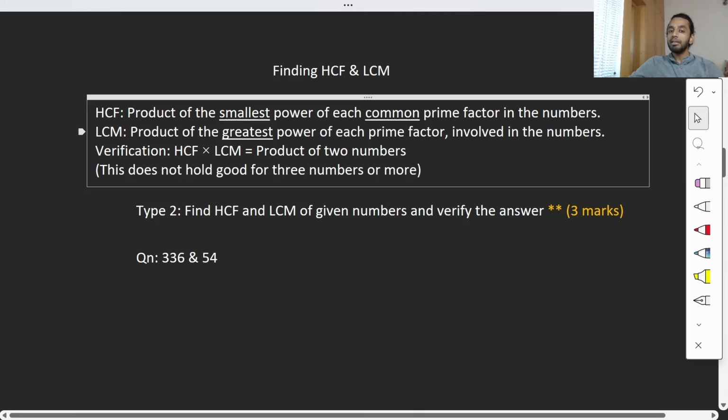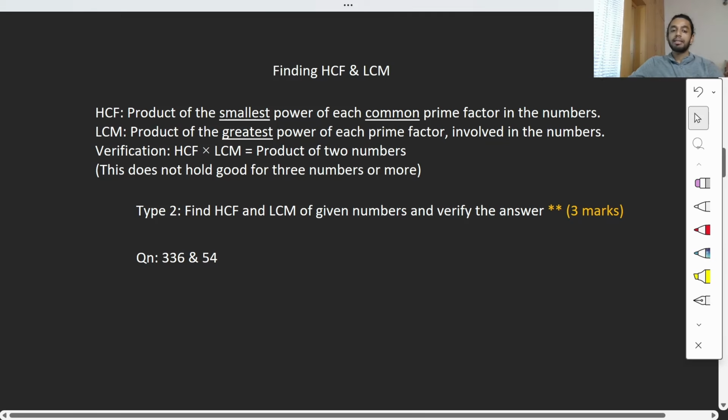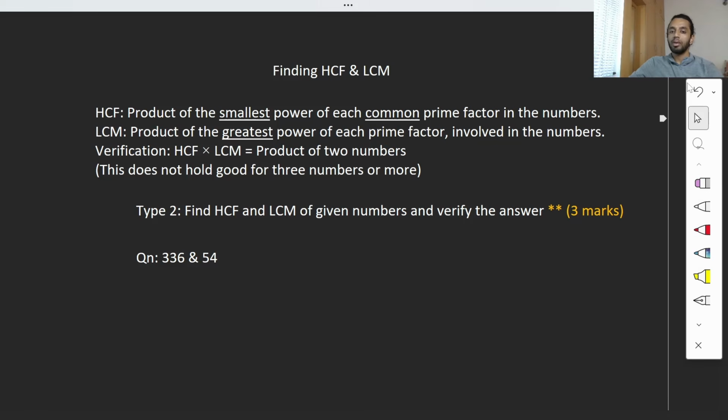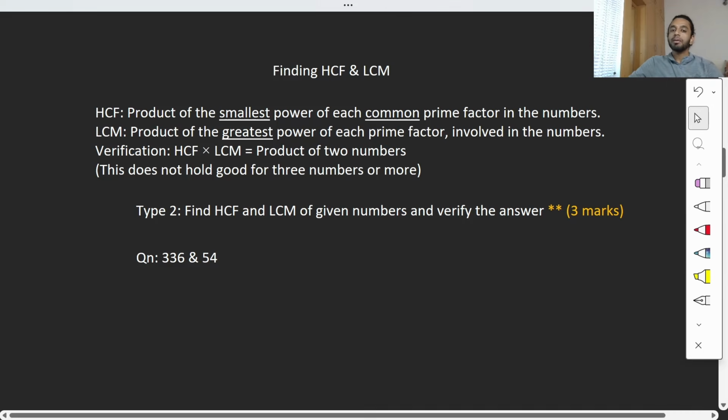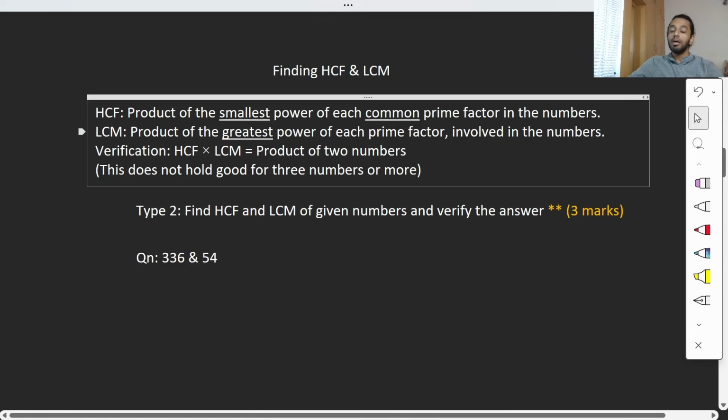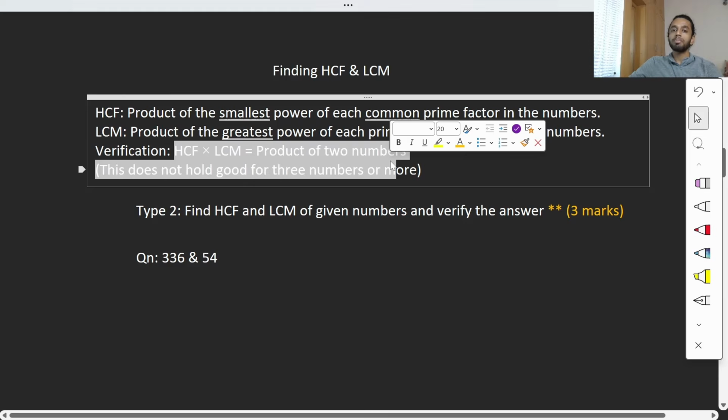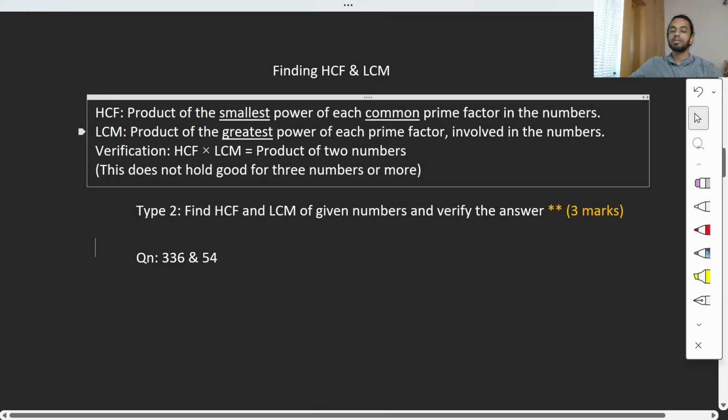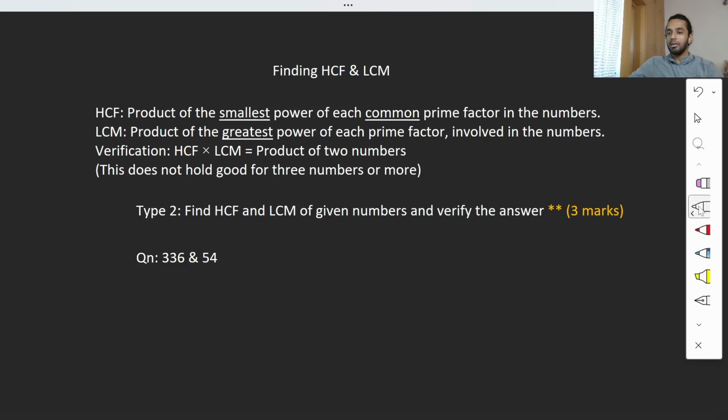I'll explain this by solving a problem, which is our second type of question. The first type we saw was prime factorization, and now we are going to look at how to find LCM and HCF. The verification also is important: HCF times LCM equals the product of the two numbers. This is also something that we need to understand.